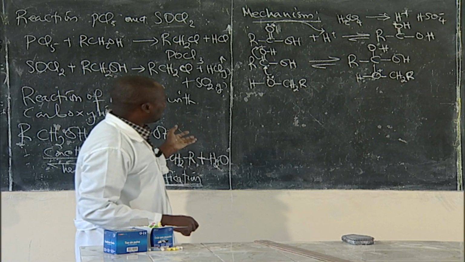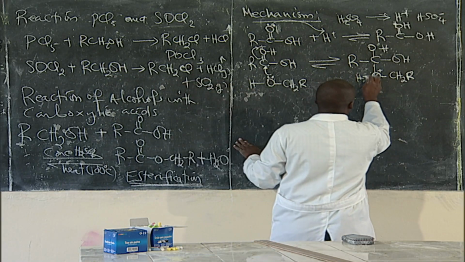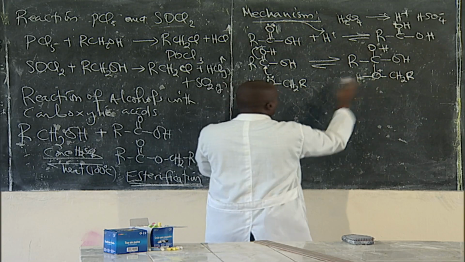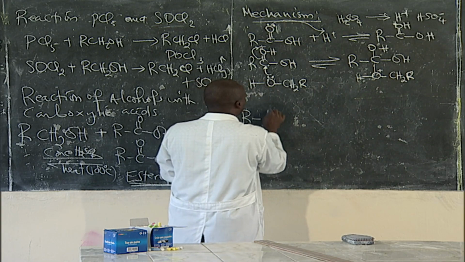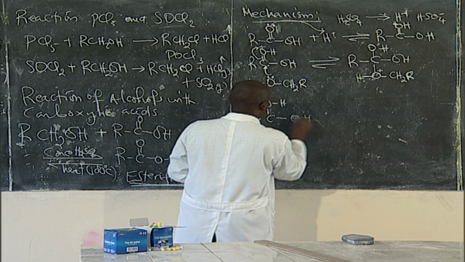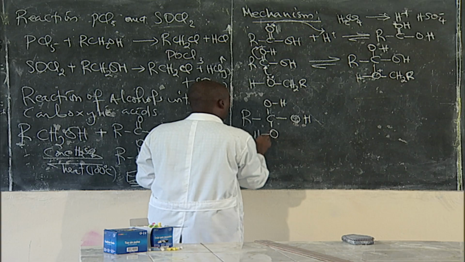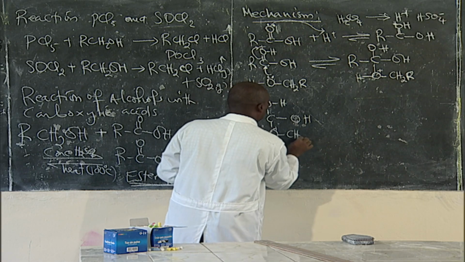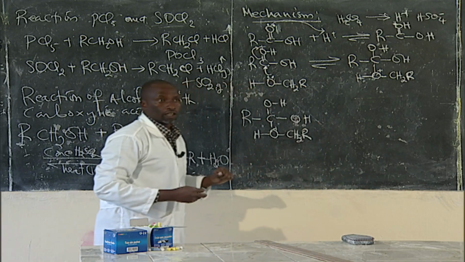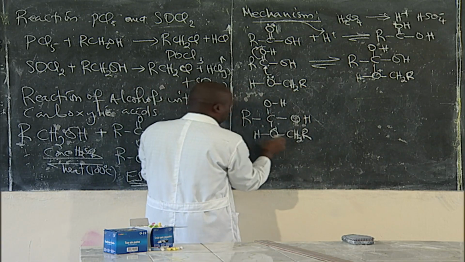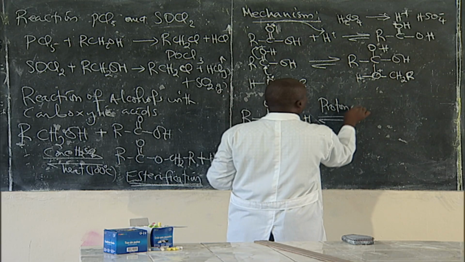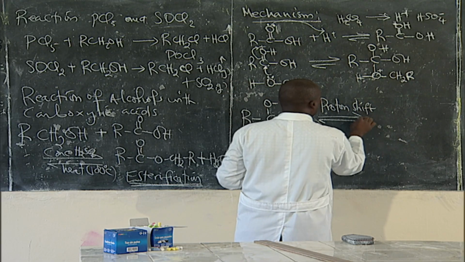So what happens next? This positive charge, we can bring that one there to just be precise and go slowly. So we have this H, then you have oxygen with hydrogen with a positive charge, CH2R. This compound is the same as this. I've just brought it here. So what happens here is what we call the proton shift. What do we mean by the proton shift?